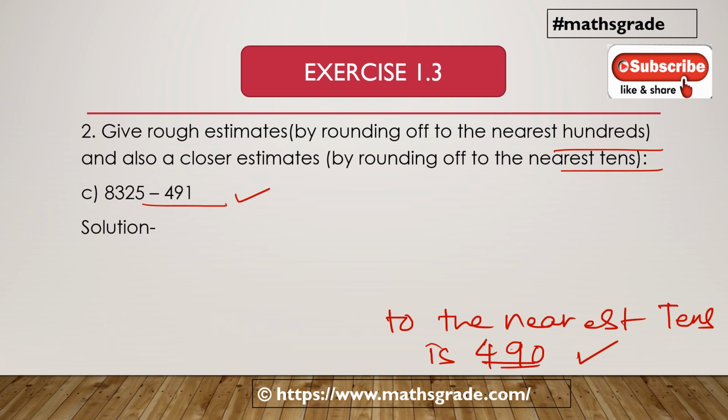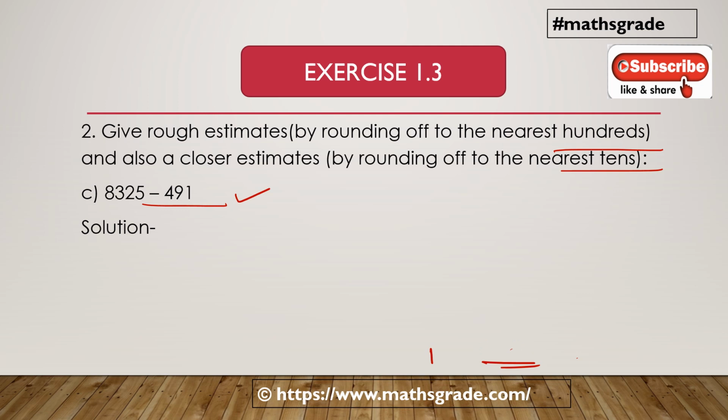So 491 rounded off to the nearest 10, we got 490, and 8325 rounded off to the nearest 10, we got 8330, minus 491 rounded off to the nearest 10, we got 490.